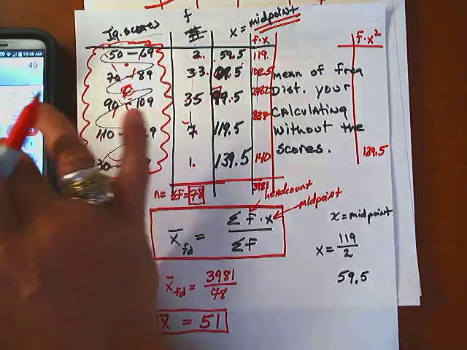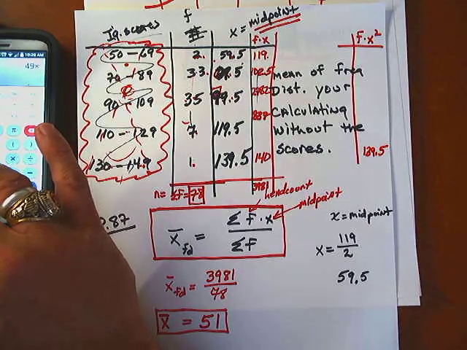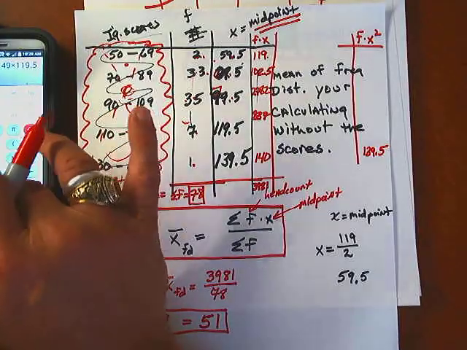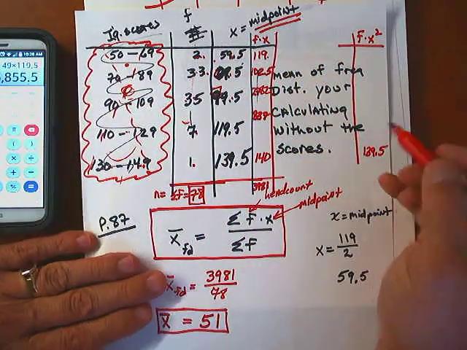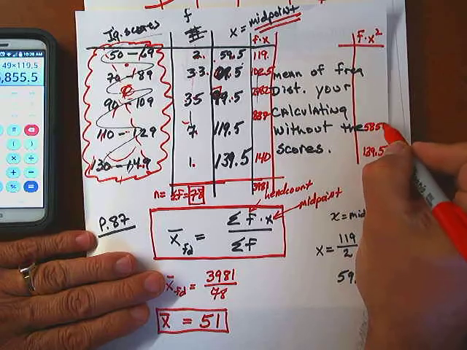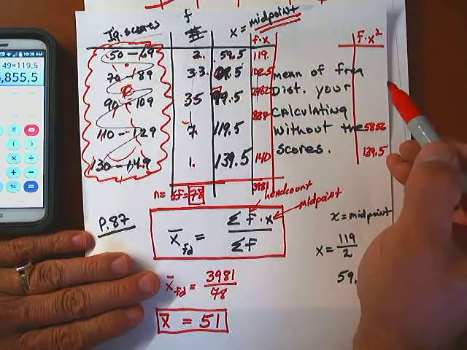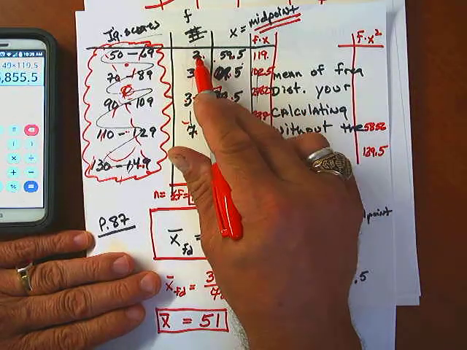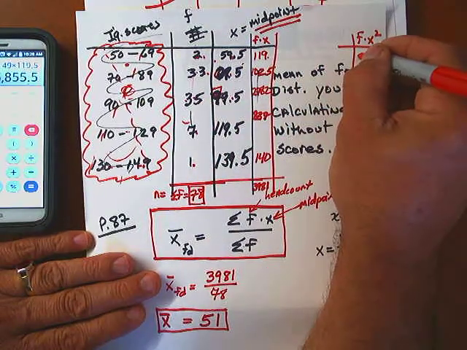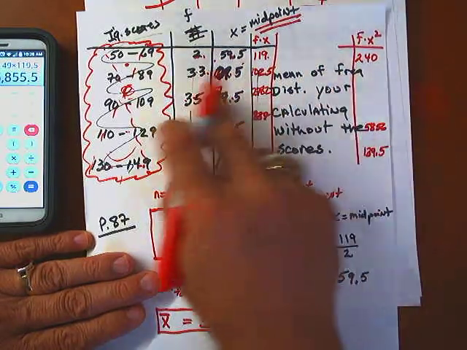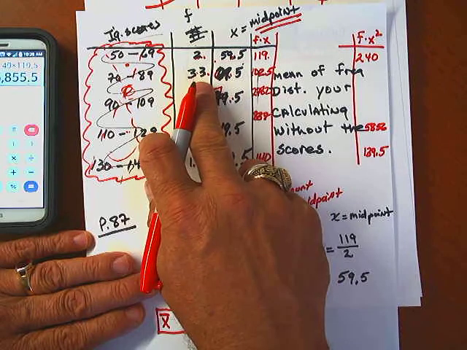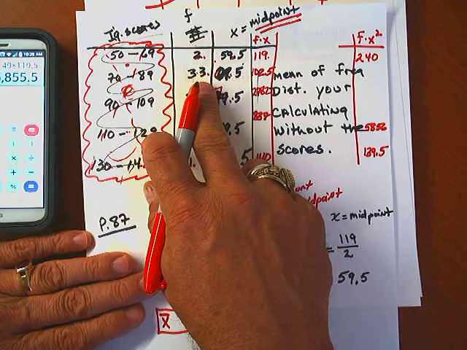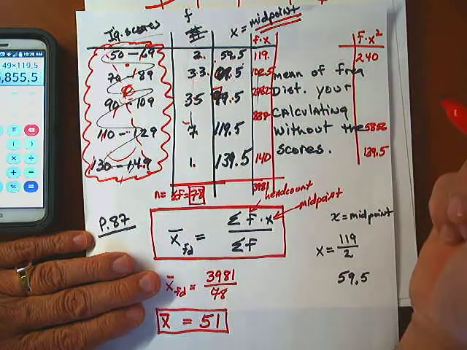Now, I'm not going to do a column with x squared because you can do that. That's 4. That's going to be a big number. That's 49, and that's 1. So we do know that, take your f, and this will be 139.5. 49 times, I'll do that one for you. 49 times 119.5.